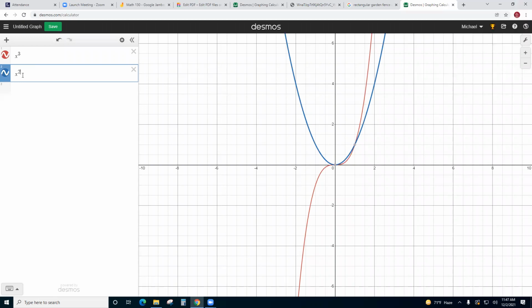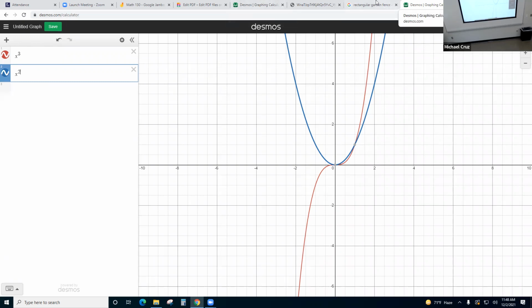Yeah, it touches and turns around, as they say. And when it's odd, then it crosses. And if it's positive, in other words, there's no negative sign, see, it falls to the left, rises to the right. And then for the even one, it rises left, rises right. Okay.